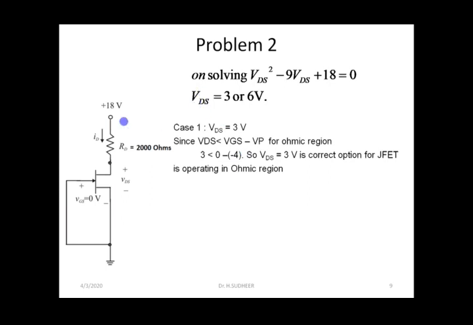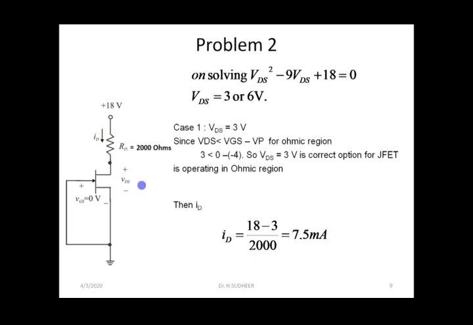Now I got VDS. Using the VDS in the circuit equation, I can find out ID. So ID is equal to 18 minus VDS by RD. 18 minus VDS of 3 volts by RD 2000, we got 7.5 milliamperes. In this way we can solve such problems. Either we will give the RD value, or for different values of RD we need to find out ID and VDS.